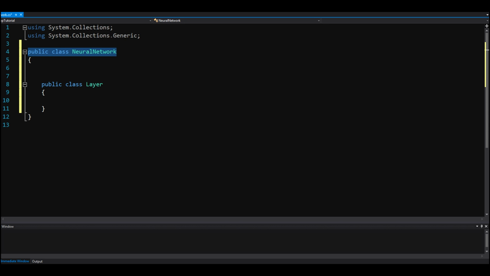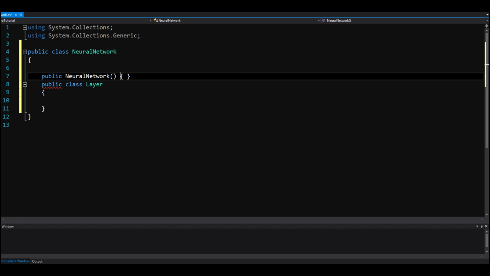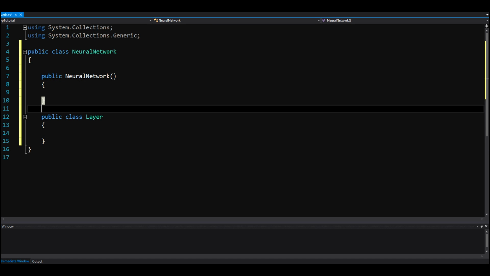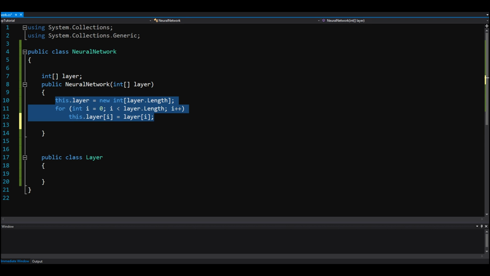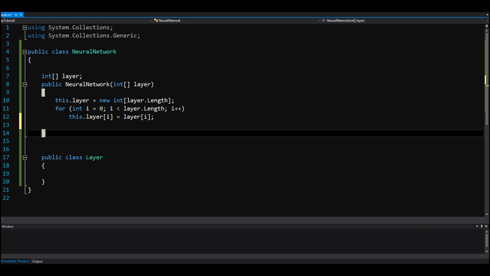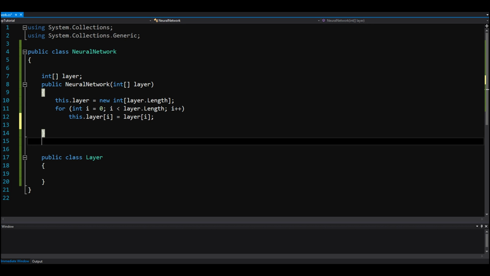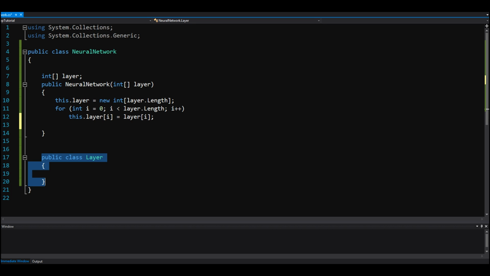So let's create a constructor for neural network. This neural network is going to be taking in layer information. Because we want to be able to create neural networks of any layer size, once we're done deep copying this layer, we're probably going to need to create a bunch of these layer classes.